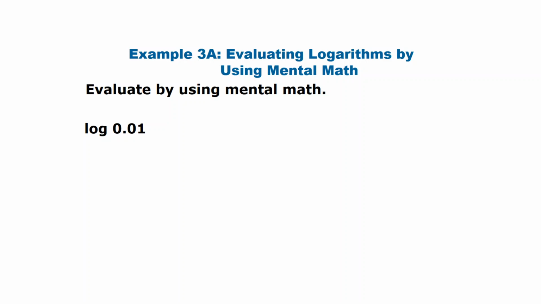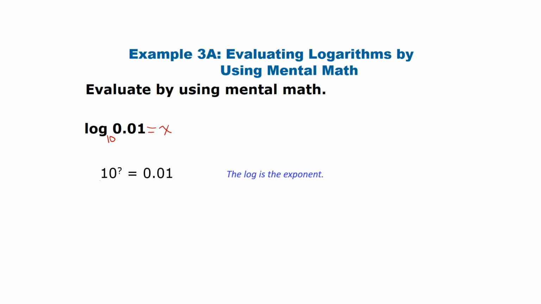Evaluate by using just mental math. So in this first problem, we see log 0.01, or 1/100th, and we want to find out what that equals. So we're going to say equals x. There's nothing written here, so that's an understood base 10. So what we think mentally is, well, 10 to the what power equals 0.01?